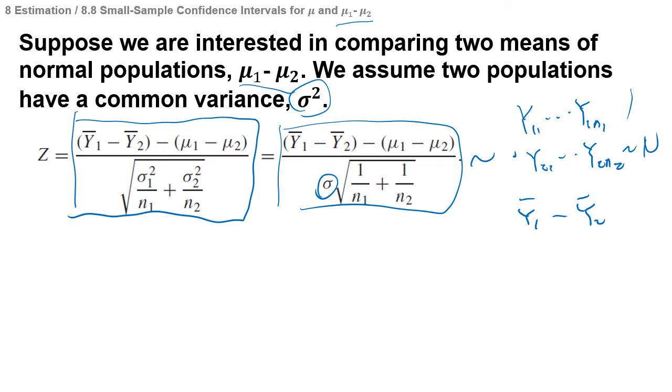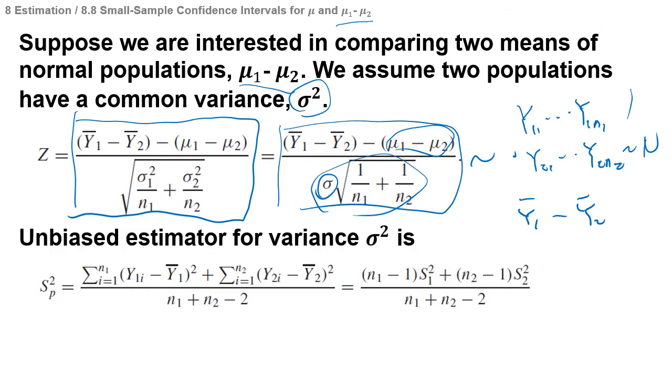And if you derive carefully, you can find that this thing follows a normal distribution with mean mu1 minus mu2 and variance of this thing.